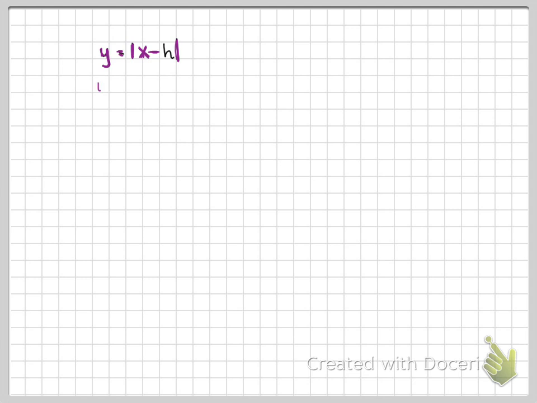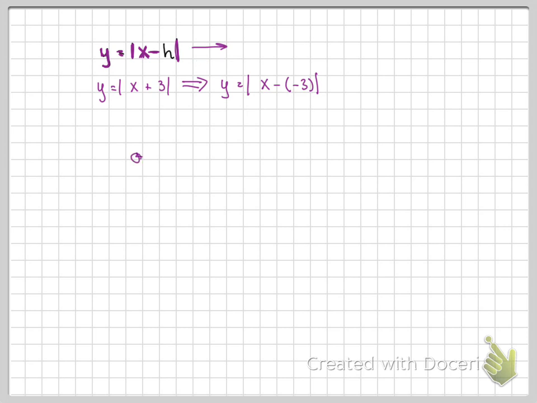So if we end up with, say, an absolute value of x plus 3, that only means that it was originally an x minus a negative 3. Okay, so that's going to help us understand whether we're moving right or left, because this is a right or left transformation.